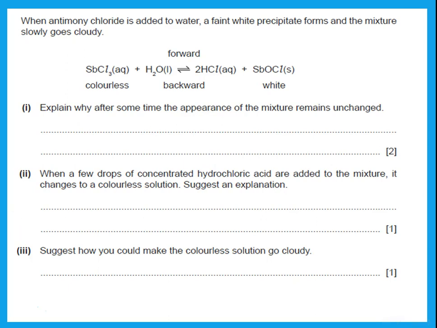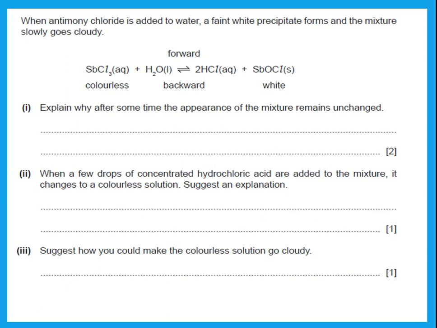Now the question says, explain why after some time the appearance of the mixture remains unchanged. Remember that we said this is a reversible reaction. And what is the definition of reversible reaction? That it can go both forward and backward. It keeps going forward and backward until what? Until it reaches a state of equilibrium. Remember, what was equilibrium?